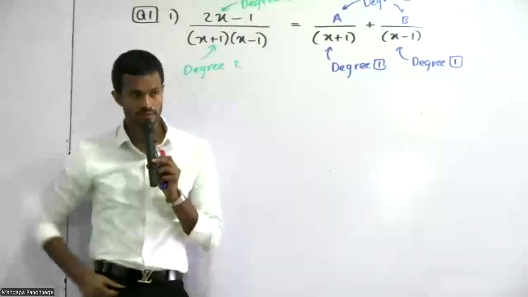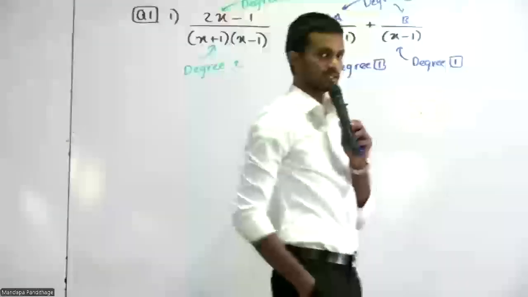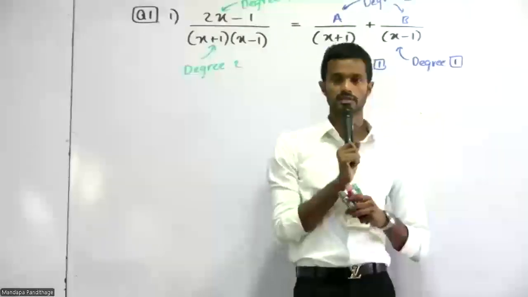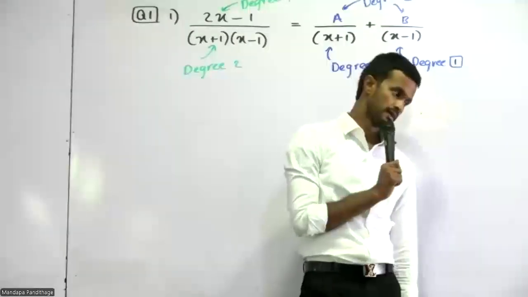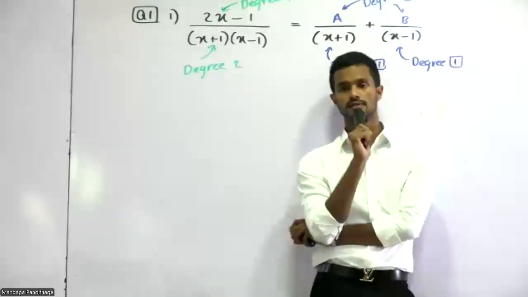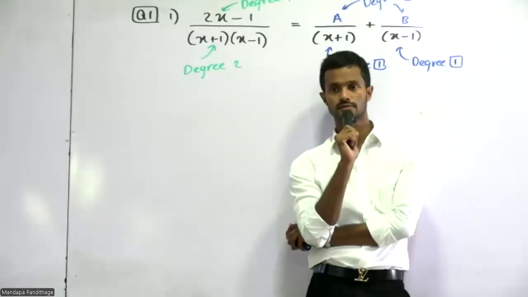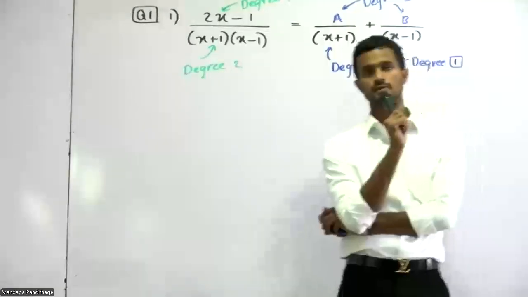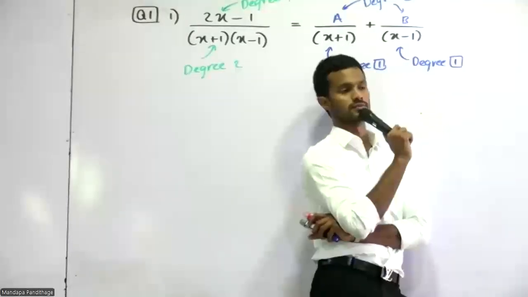Write in this way. A normal rational function is split into partial fractions according to the following steps.